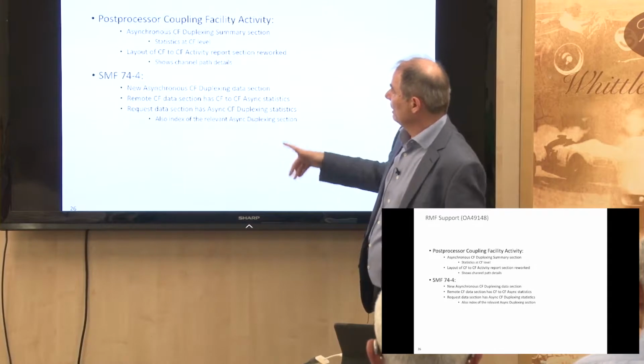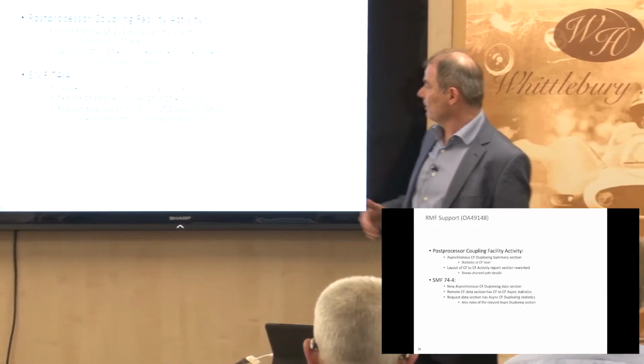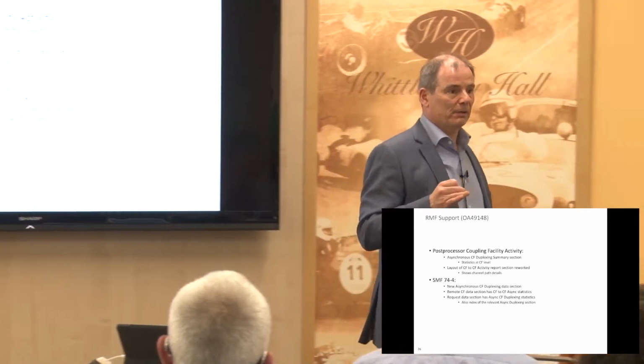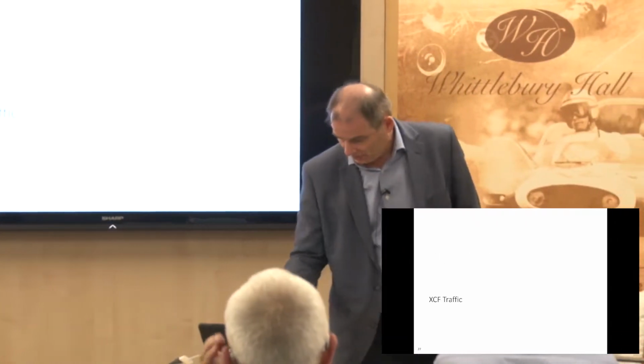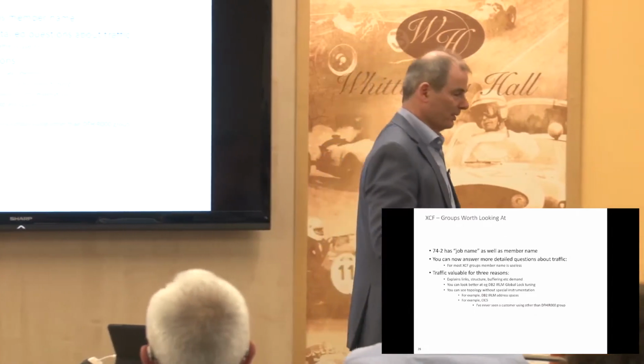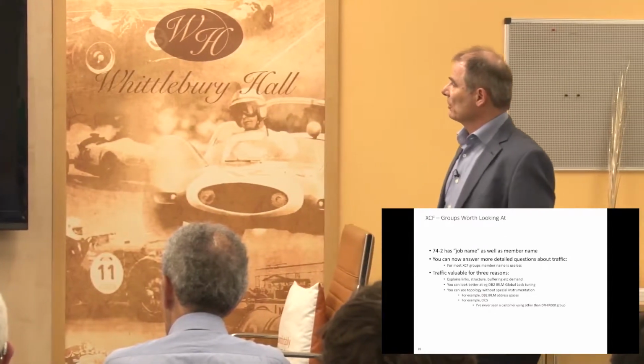And then in the 74 subtype 4 data itself, we also have structure level information somewhere in the middle of this slide. So RMF has got support for that. I'd love to see data, by the way, as you would imagine.